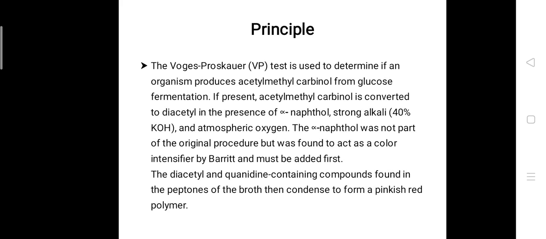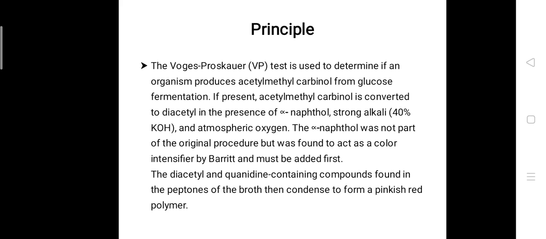Now, we all know that pyruvic acid has different metabolic pathways, so the bacteria by some other pathway will convert this pyruvic acid into acetoin, after an incubation period at 37 degrees centigrade for 24 to 48 hours.